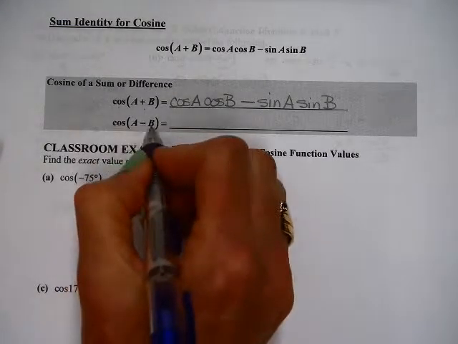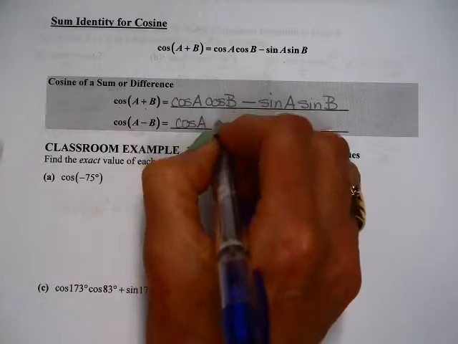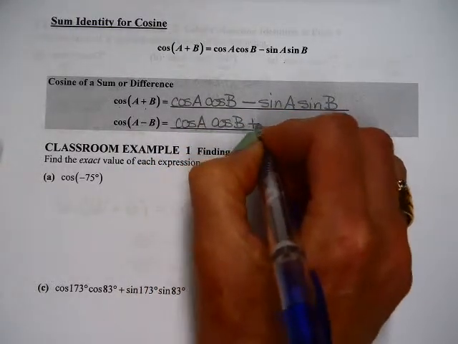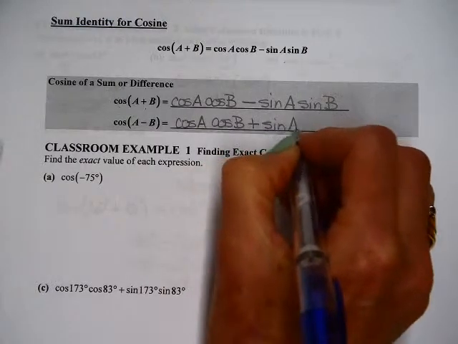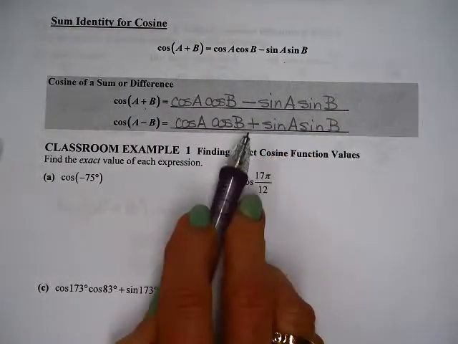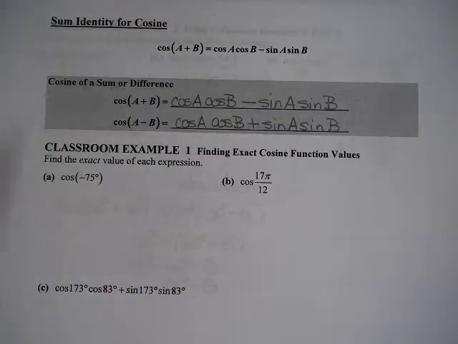The cosine of A minus B is the cosine of A times the cosine of B plus the sine of A times the sine of B. Notice these formulas are very similar. Opposite signs, exactly.